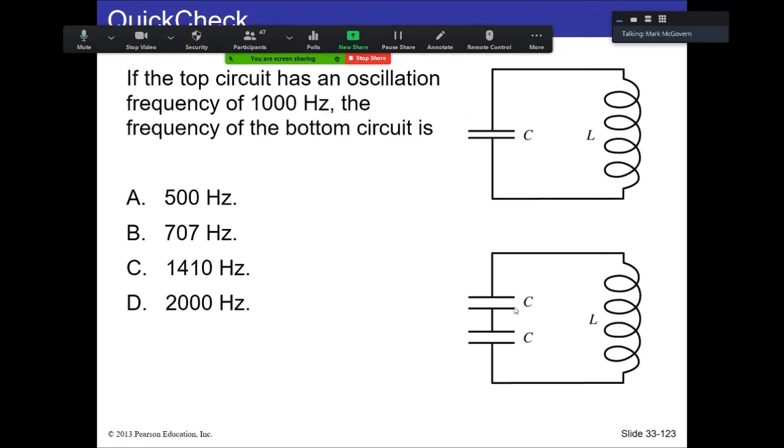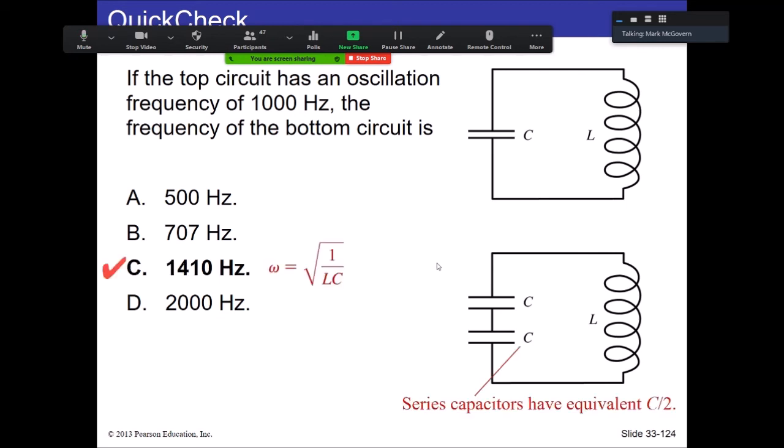Okay, let's think about it. Capacitors in series, you have to do the additive inverses. So that means the equivalent capacitance will be smaller. If it's smaller, that's going to drive up the frequency. I'm thinking it's C, to be honest. Right?